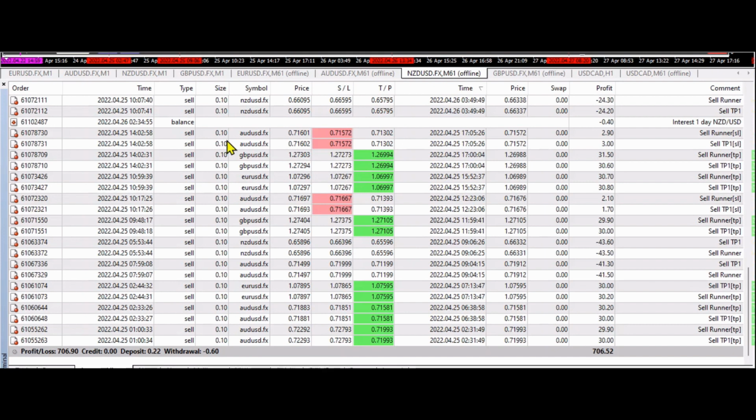When I get a little more gutsy, I will change my lot sizes to be 1% or 2% of my balance. But as I'm continuing to learn, I've set everything to be consistent at 0.1.